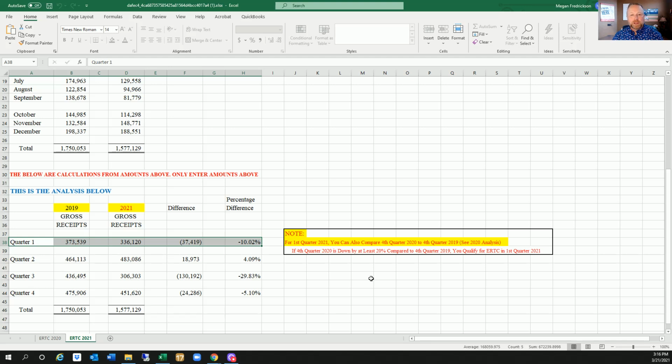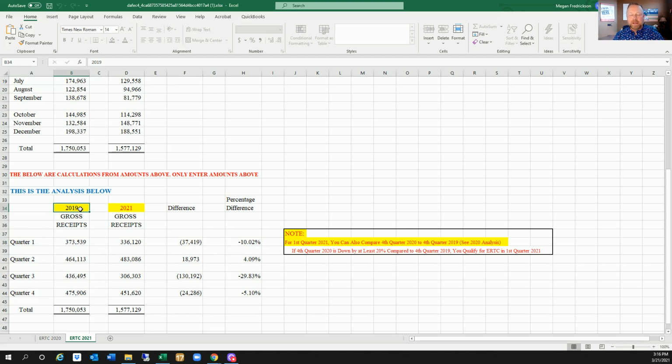The gross receipts test for quarter 1 of 2021 has two ways to qualify. If you're down at least 20% for first quarter 2021 compared to first quarter 2019, then you qualify for first quarter.